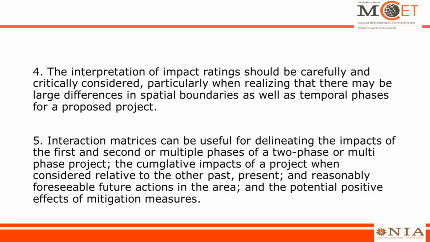So what they are saying is the interaction matrices will be useful in finding out the impacts, right, in the first phase, second phase, or multiple phases of a particular project. It also helps in finding out the cumulative impacts of a project, right?